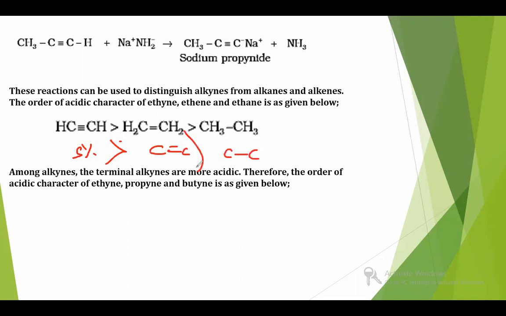In single bonds the s character is less, about 25%; in double bonds 33%, and in triple bonds 50%. So among alkynes, terminal alkynes are more acidic.